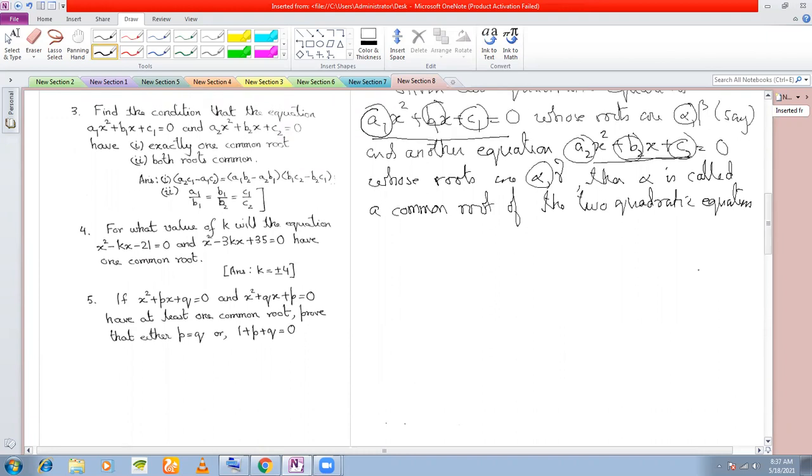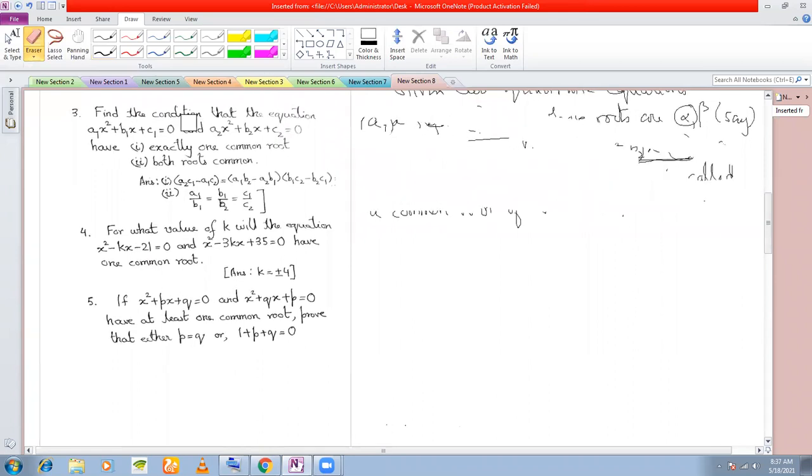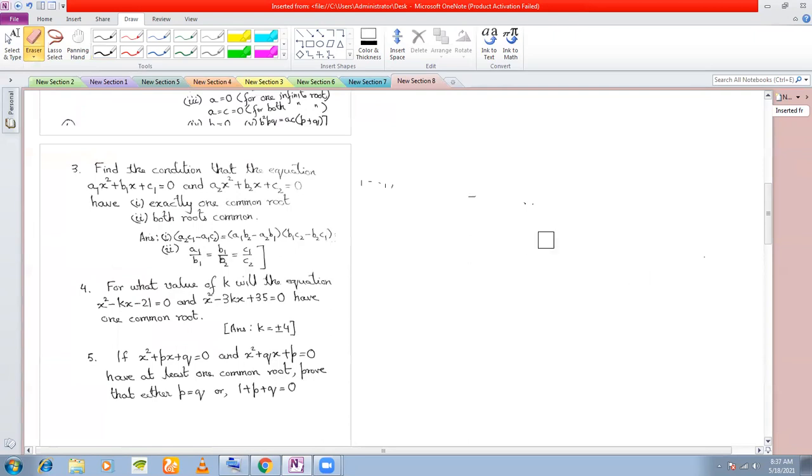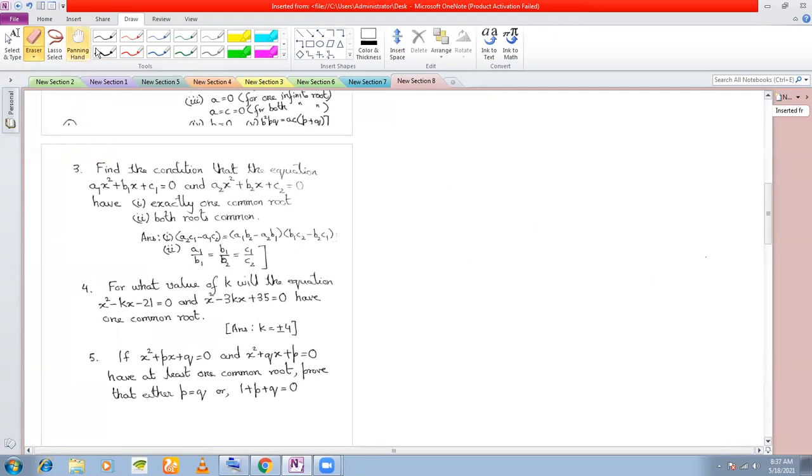So what I'll do here is make you recall the method of cross multiplication from your class 9. Just recall this, we are going to use this.